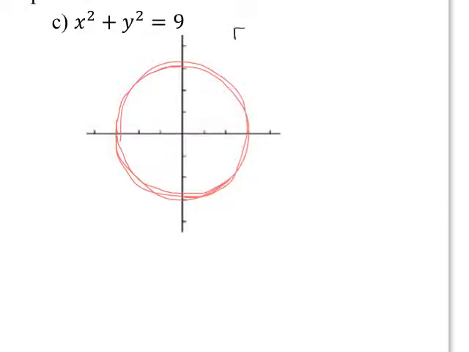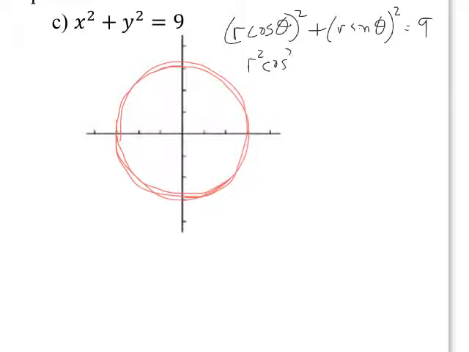We can replace x with r cosine of theta, so x squared plus, and then y is r sine of theta, so we replace y with r sine of theta equals 9. And going about solving this equation for r, we can first distribute this square in, so r squared cosine squared plus r squared sine squared.